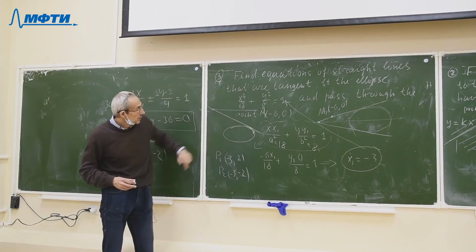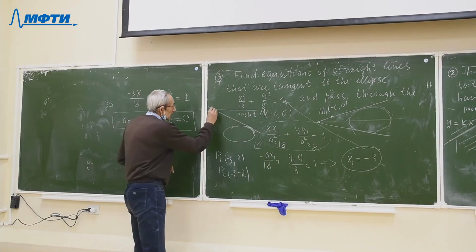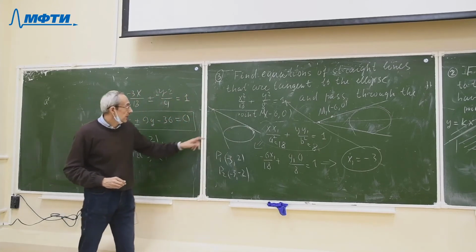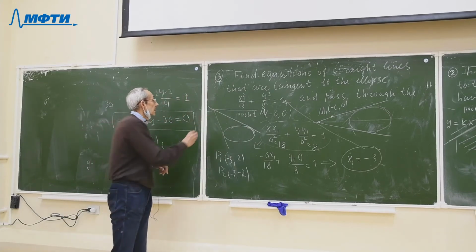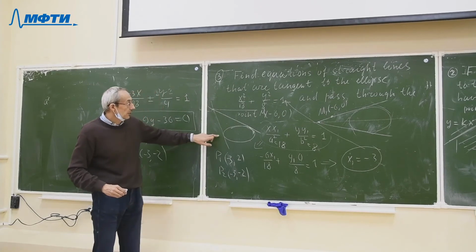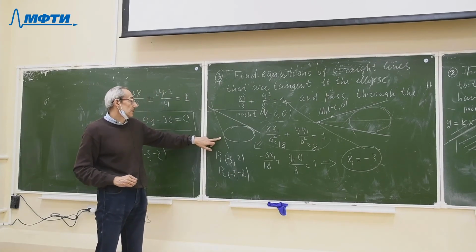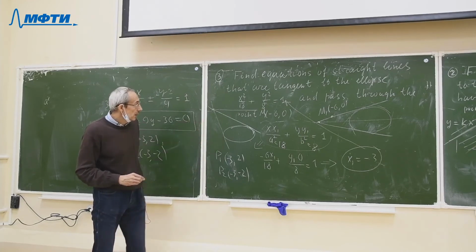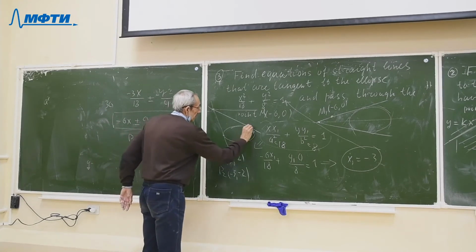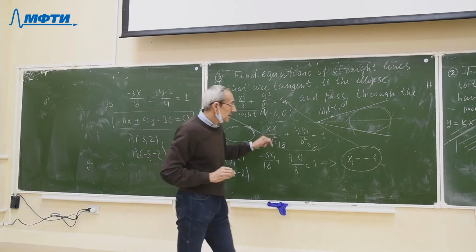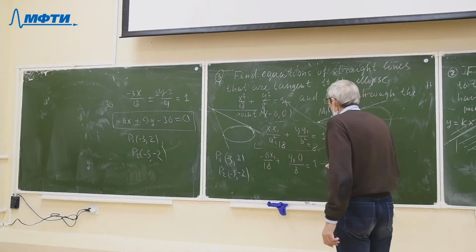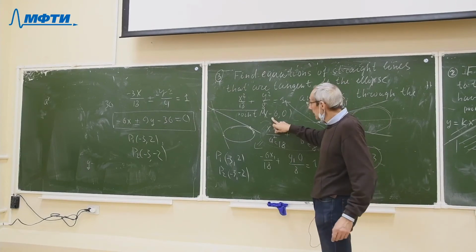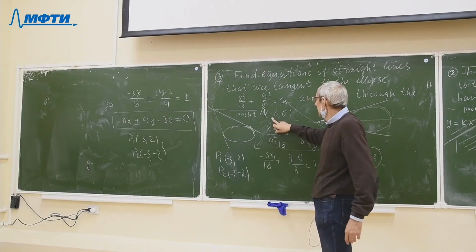We also change the slope and find another point in which a straight line from our family meets our curve. And we obtain two points and two tangents. In this concrete case, the point M1 has the coordinates (-6, 0).